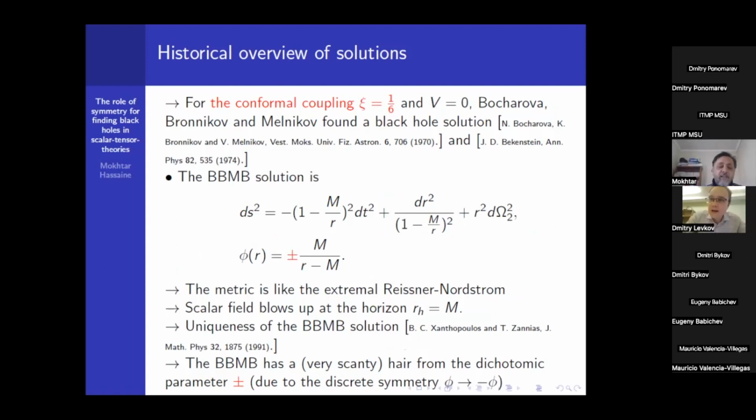You can recover Schwarzschild, I agree with you, but I was thinking of a non-trivial scalar field. Should there be an independent integration constant for the scalar field? No, the only integration constant is the mass.